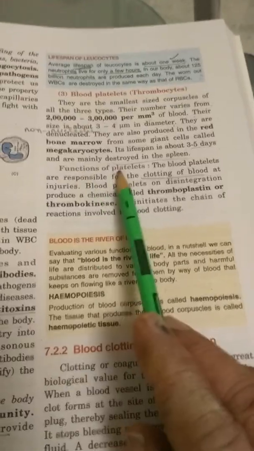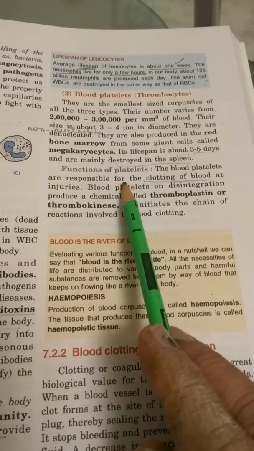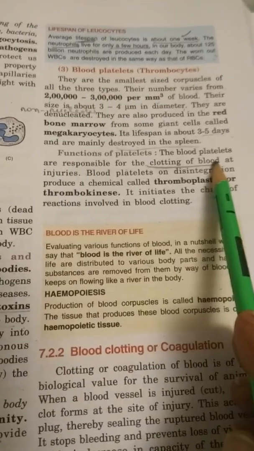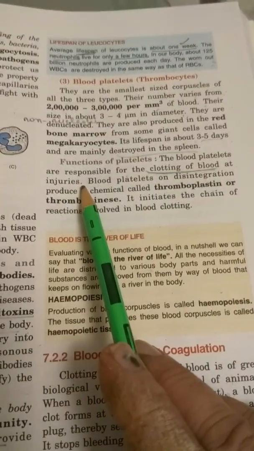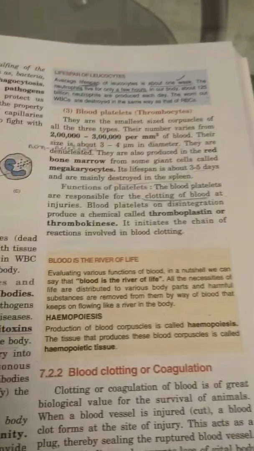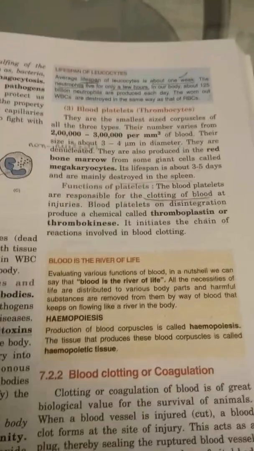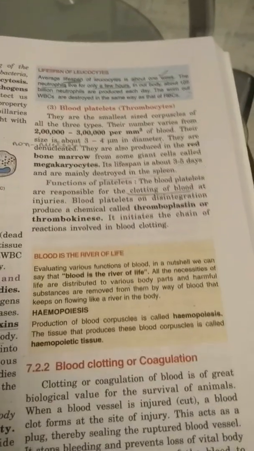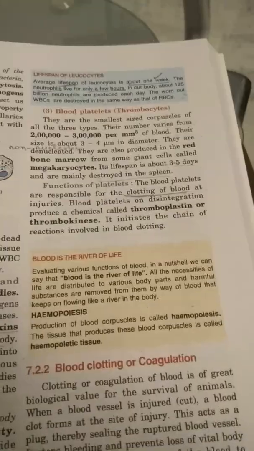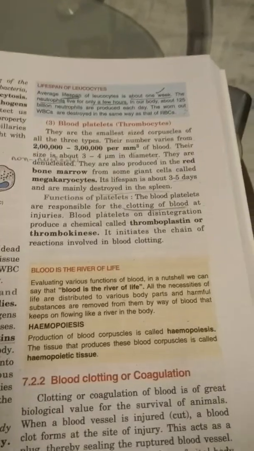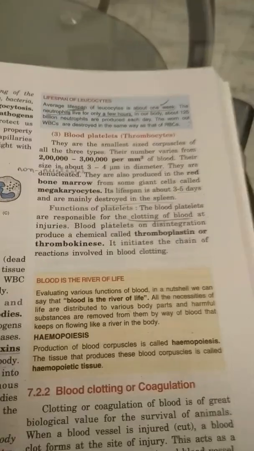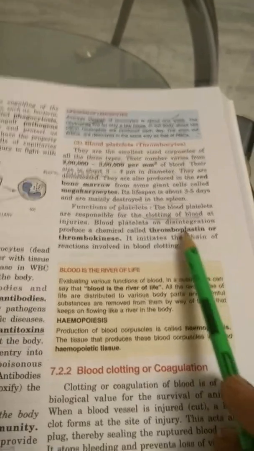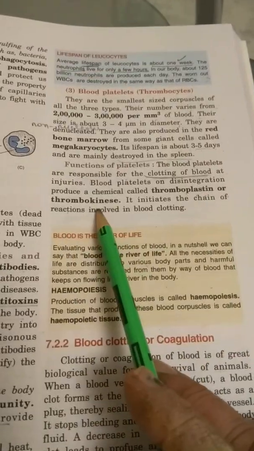What is the function of platelets? The blood platelets are mainly responsible for clotting of blood at injuries. Whenever there is an injury in the body, the blood platelets at that injured part get broken down, disintegrated, and during that time they produce a chemical substance called thromboplastin or thrombokinase.